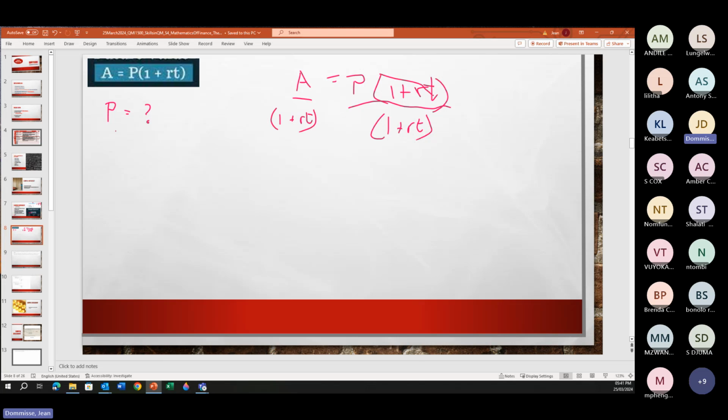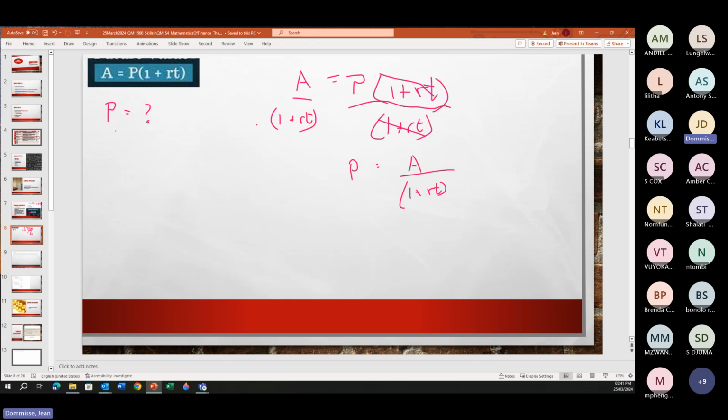So if those two cancel out, then P is equal to A over 1 plus RT. Okay, so that is one that they can ask.